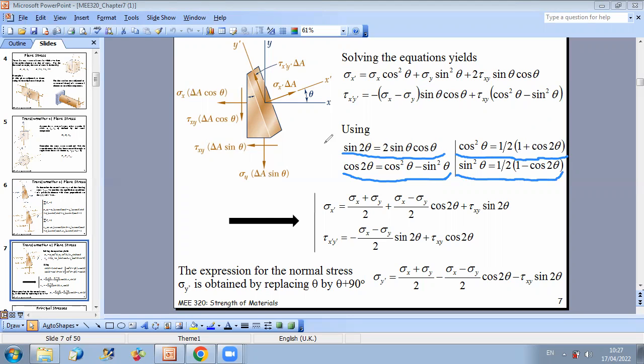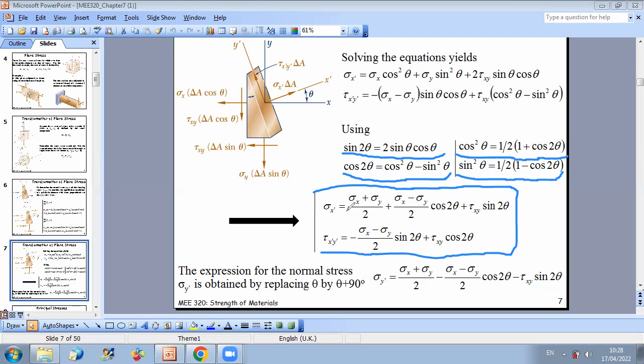If we use these trigonometrical relations, we can end up with simpler expressions for sigma x prime, tau x prime y prime. And in this case, we can demonstrate that these values can be the coordinates of points on a circle. Why?